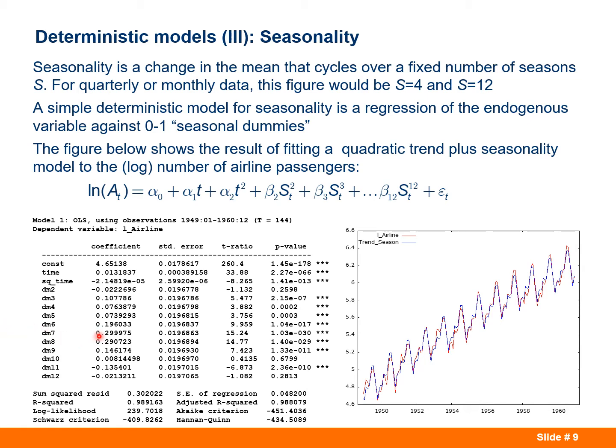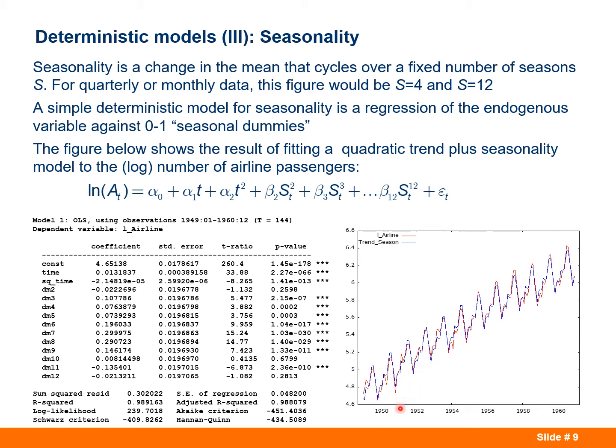What this coefficient is telling us is that if we are in June instead of January, we expect the number of airline passengers to be 20% larger. If instead of June, we are in July or August, we would expect the number of airline passengers to be more or less 30% larger than the one corresponding to January.